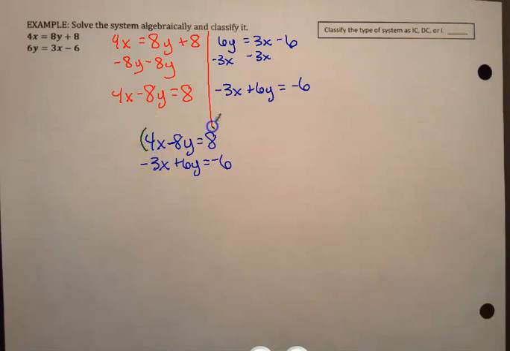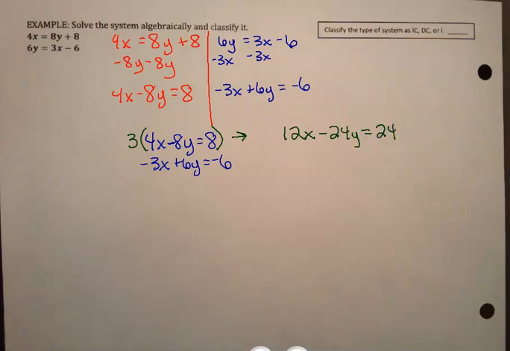So I'm going to take this one, 4x, and I'm going to multiply it by 3. So this is going to be 3 times 4 is 12x. 3 times negative 8 is negative 24y. And 3 times 8 is 24.